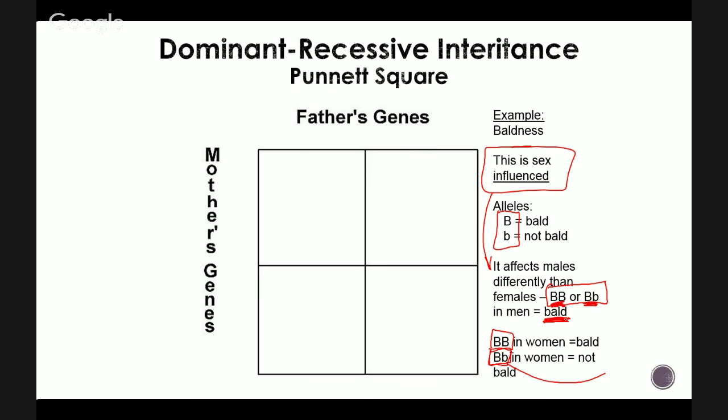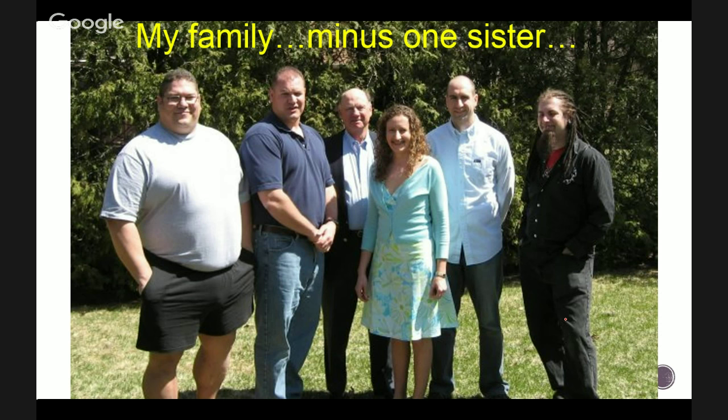So this is my family. We're a variety bunch. We go the whole gamut. I'm the second youngest. This is my younger brother. Got lots of hair, no problem.